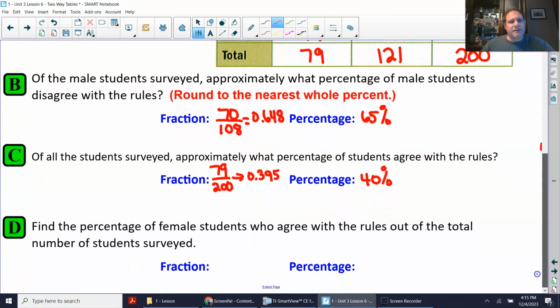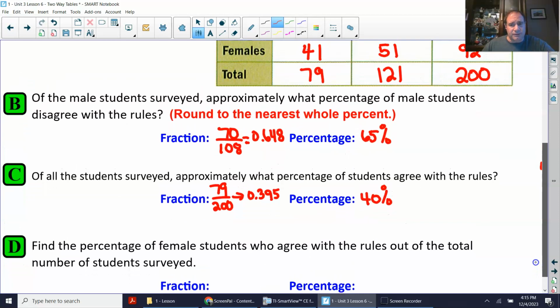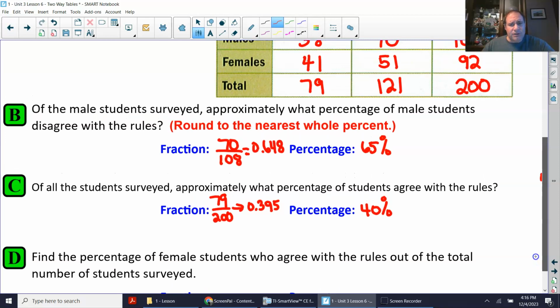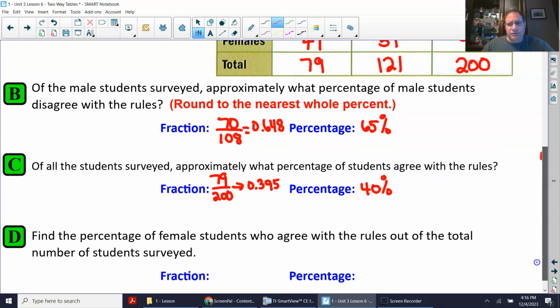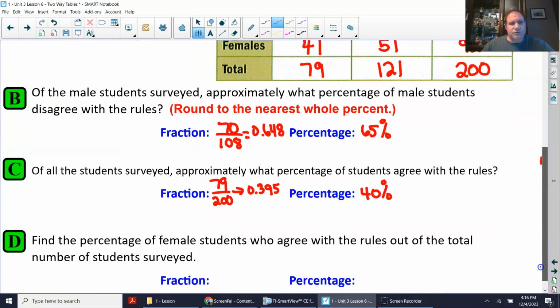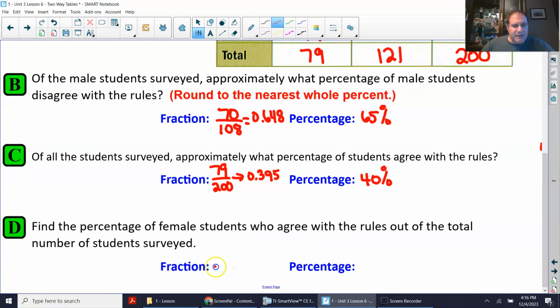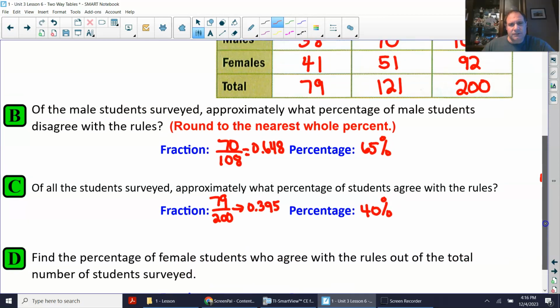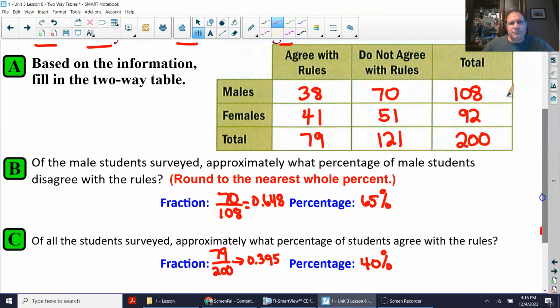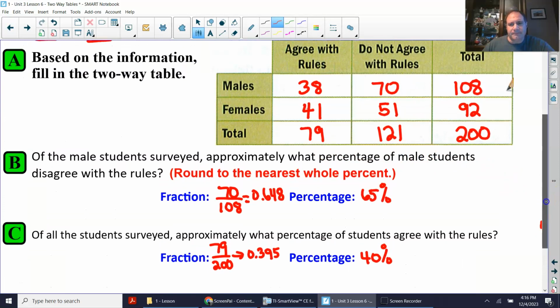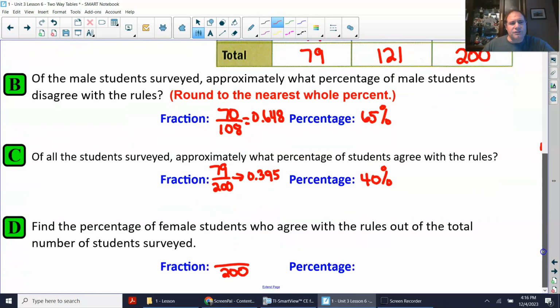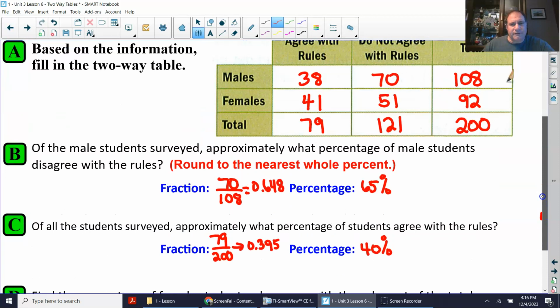Find the percentage of female students who agree with the rules out of the total number of students surveyed. So the total number of students surveyed is 200. So percentage of female students who agree with the rules, out of the total number of students surveyed.